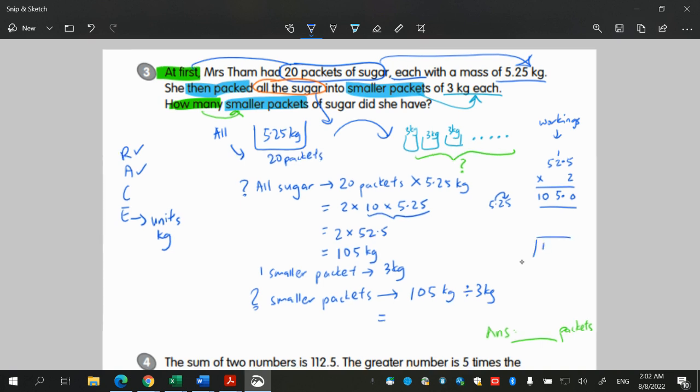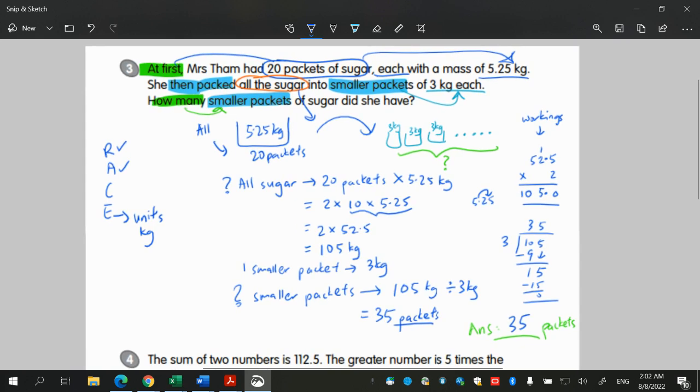So 105 divided by 3. I've got 35. Now be careful, the final unit is packets. And I've got 35 smaller packets.